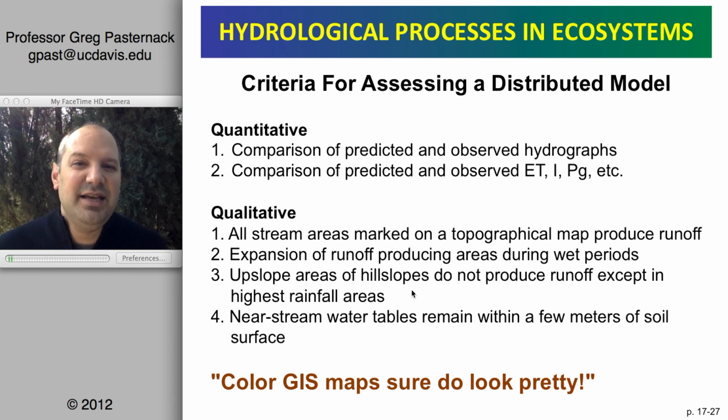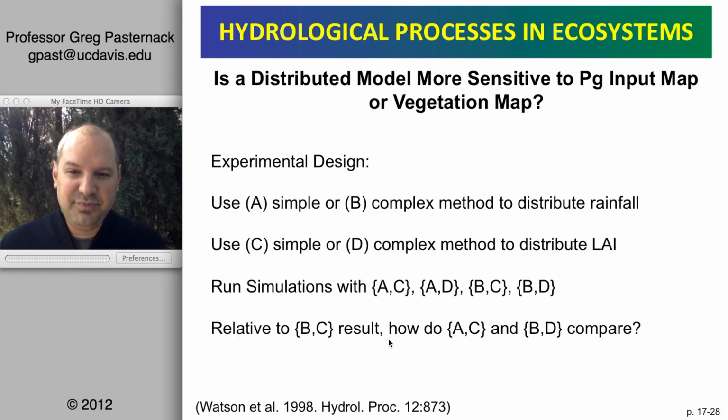So again, that's the variable source area idea. And then the other thing is that these models are producing water tables. So the water table better be pretty close to the ground surface or at the ground surface where you have a channel. And then of course the last thing is you sure get some pretty maps in GIS. So if you visually compare 2 maps, do you see that they look similar?